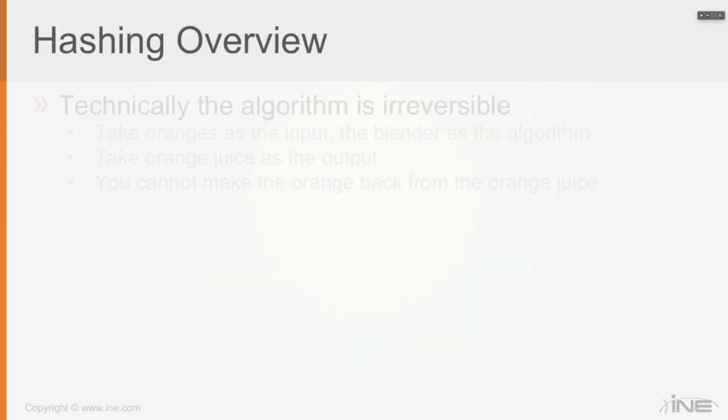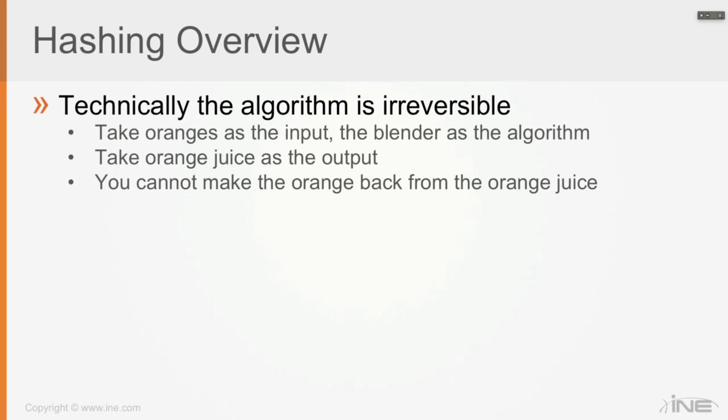Now, because it's a one-way function, technically speaking, the algorithm is irreversible. What this means is explained by a well-known comparison with orange juice. Take the oranges as the input and the blender as the hashing algorithm, MD5. Instead of data being the input, you put oranges into the hashing algorithm, which is the blender.